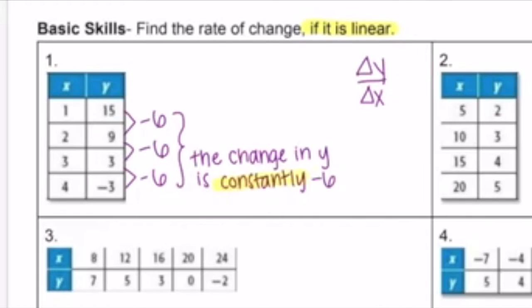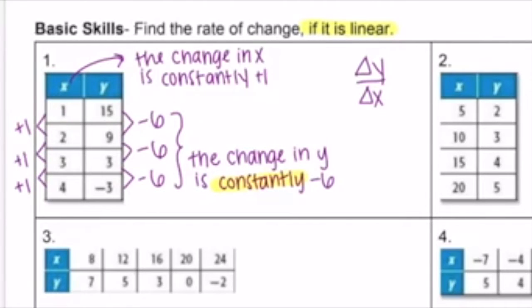Now let's look at the change in x. To get from 1 to 2, it went up 1, so +1. From 2 to 3, again +1. From 3 to 4, +1. So the change in x is constantly +1.